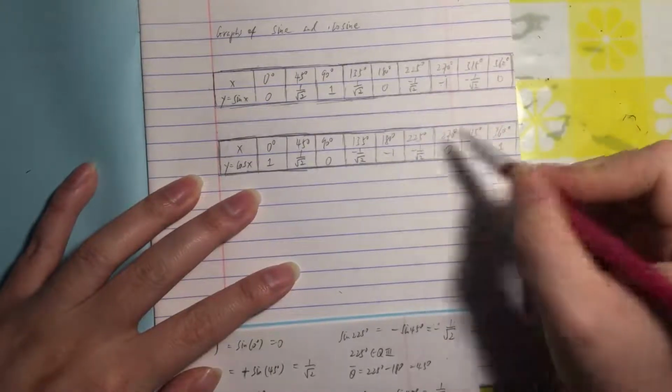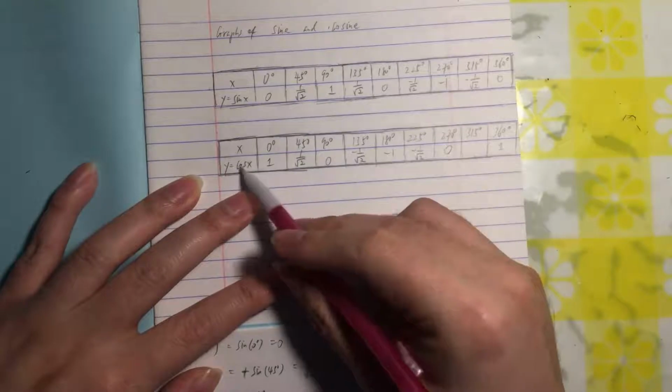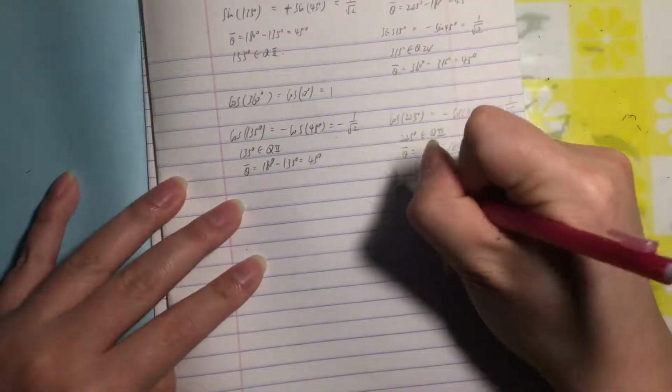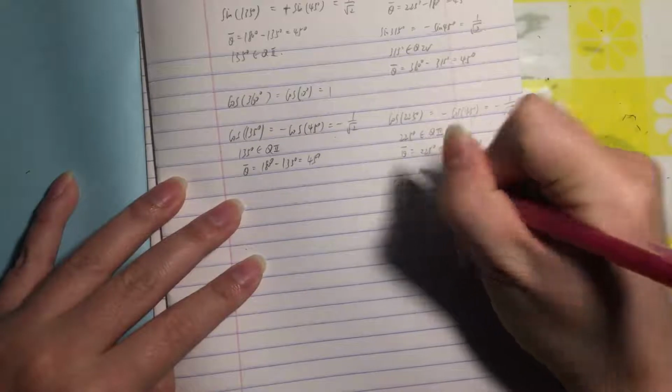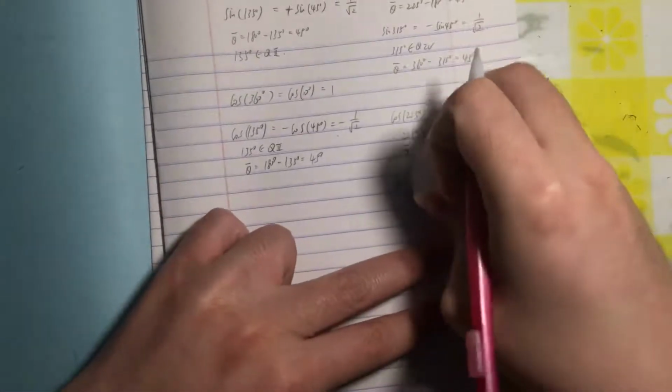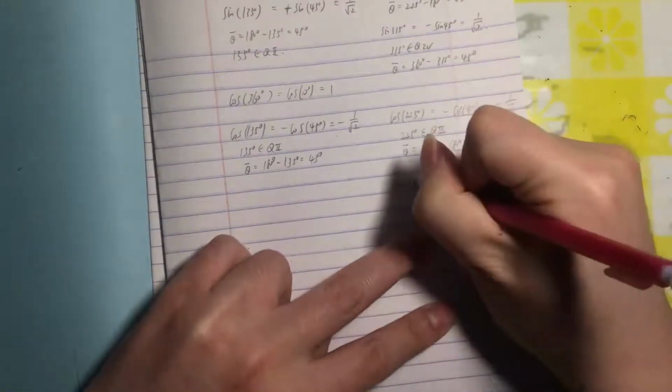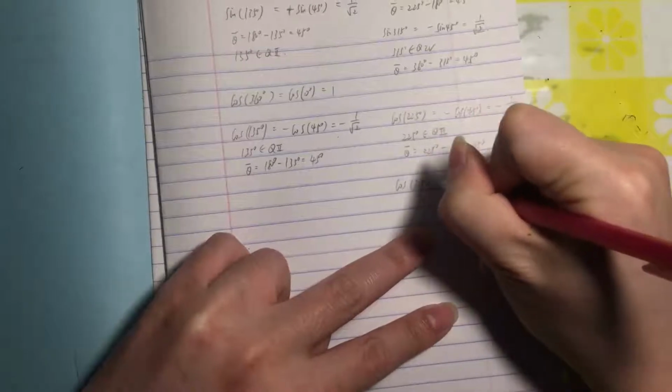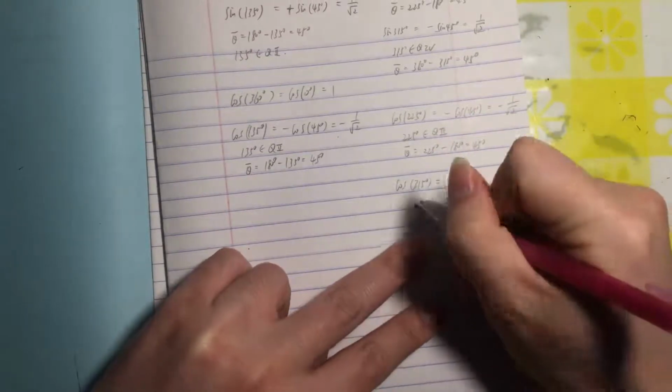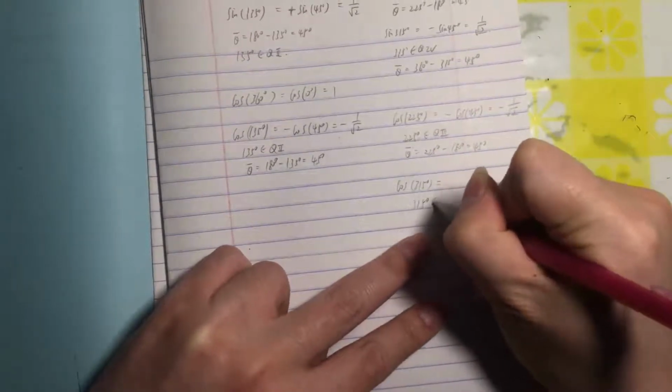Next, how about cosine of 315? For cosine of 315, we do the same thing. We must use the reference angle to find the value. First of all, the 315 degree angle lies in quadrant 4.